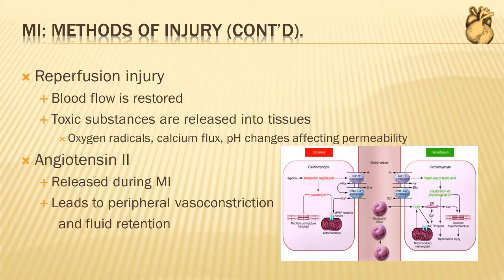You also have the angiotensin II that's released during the MI, and that causes peripheral vasoconstriction and fluid retention. And then it also does it locally, and that instigates the catecholamine release, and that causes coronary artery spasms.